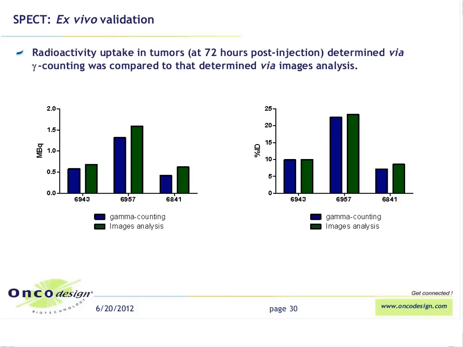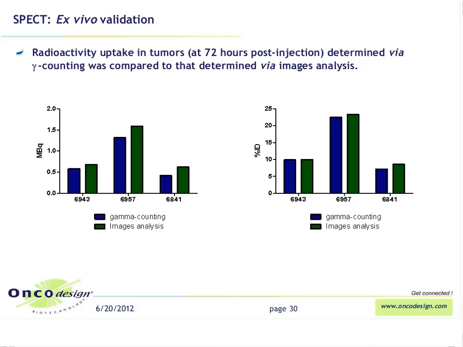It is of interest and of importance to validate that the signal obtained through image analysis by SPECT is related to radioactivity present in the organ itself.